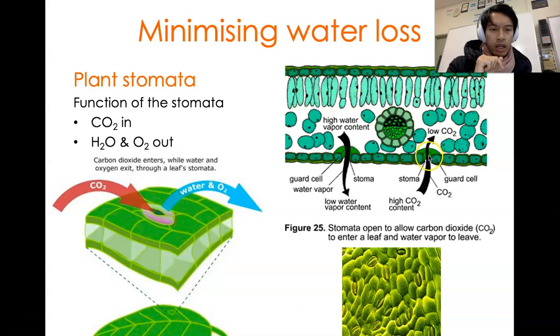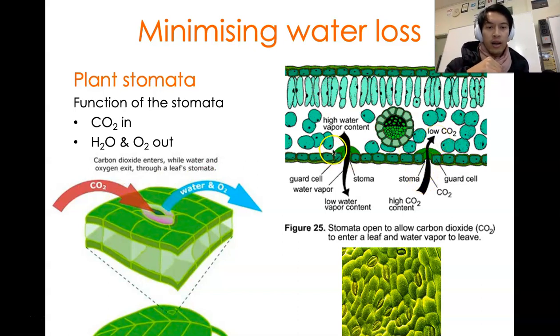And then any excess amount of water will be released through the stomata, this little opening here of the leaf. That opening is what allows water and any byproduct of oxygen to be released from the leaf, and it also takes in carbon dioxide for photosynthesis.